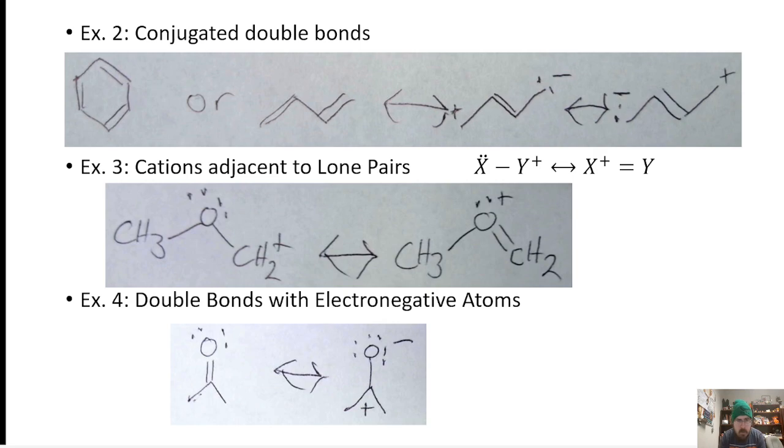And of course, the one we will see probably most commonly going forward is this double bond with an electronegative atom that we can shift up and form an O- and a carbocation.